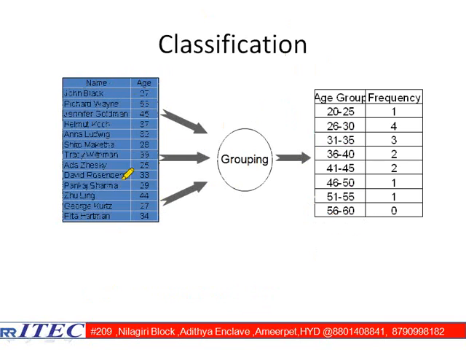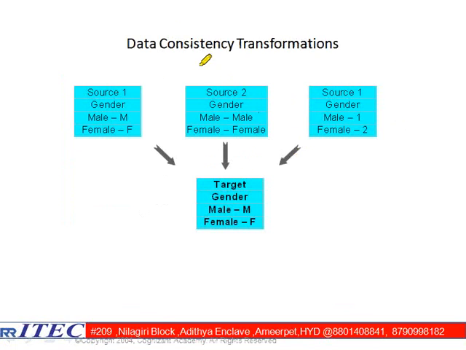I have data like this, and you need to showcase how many people are in the 20 to 25 age group, and how many are in the 26 to 30 age group. This is called classification or grouping. Next, data consistency. From one application, let us say the Facebook application, we get data like this.